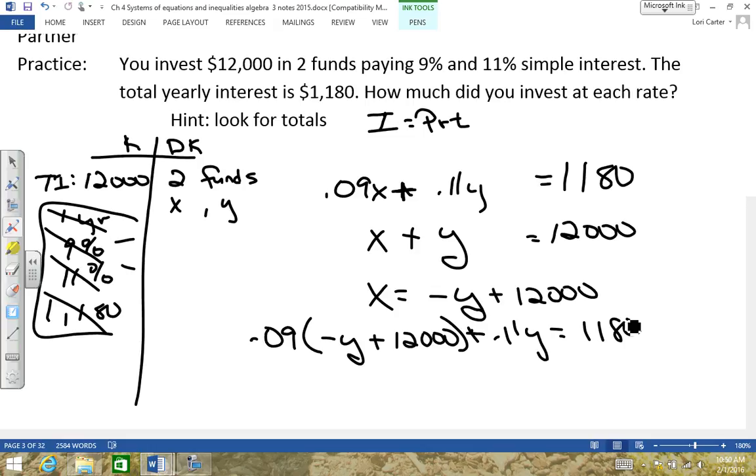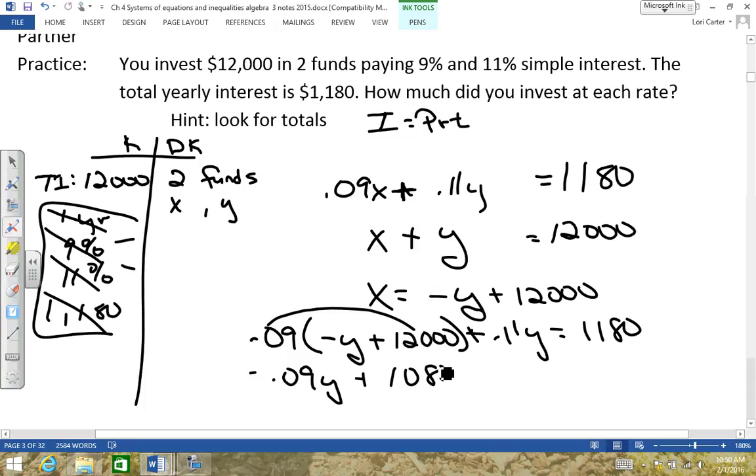Distribute through. Don't forget your negative. What is this? 1,080.